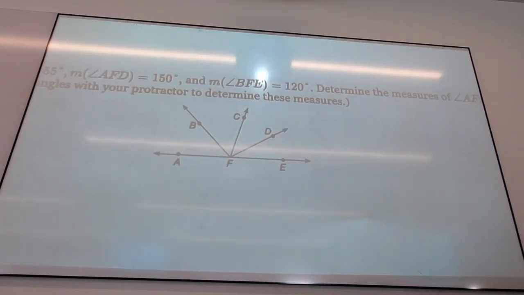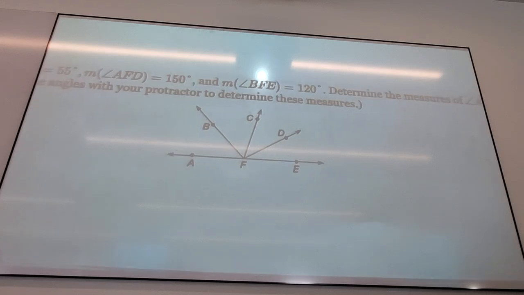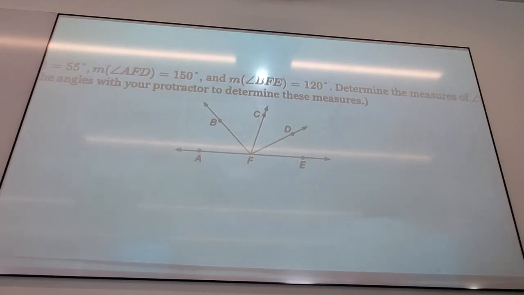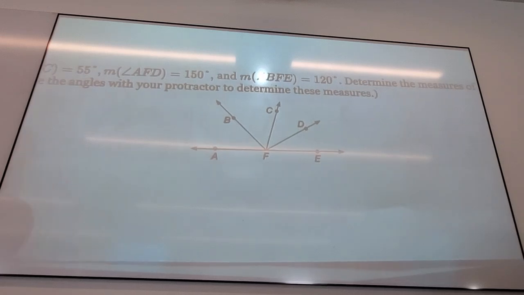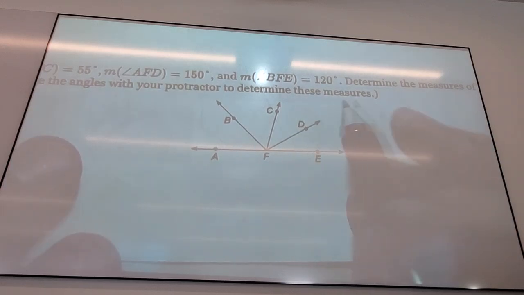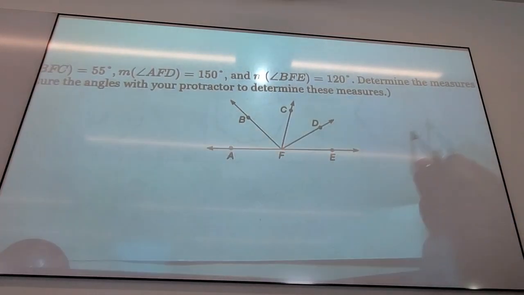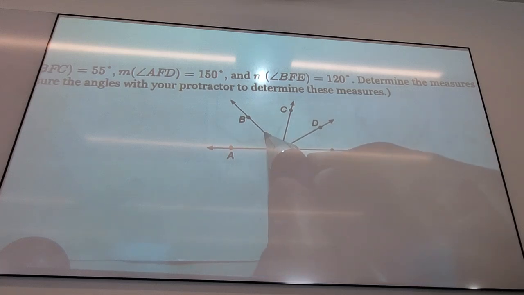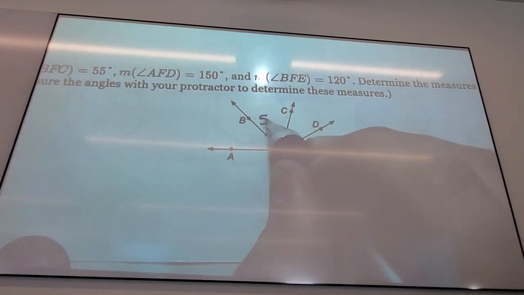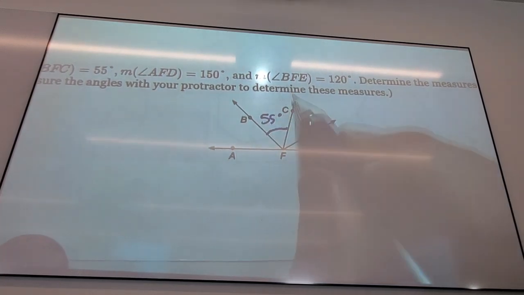This one gets a little tricky with trying to keep track of what's what for yourself. So if you look on my, did I finish that one? I think I did, yes. So like angle BFC is 55 degrees, yes? BFC.